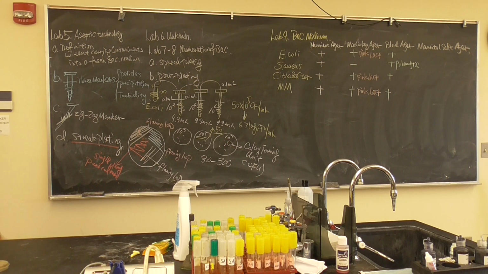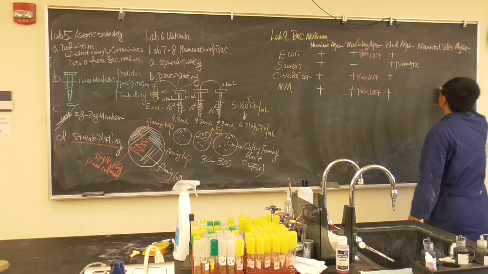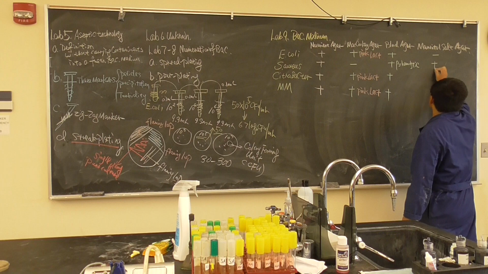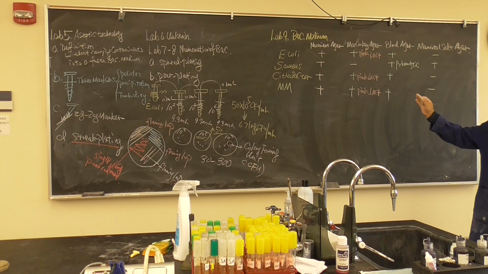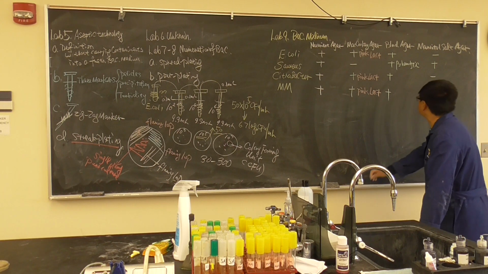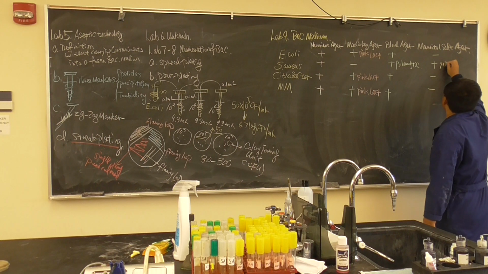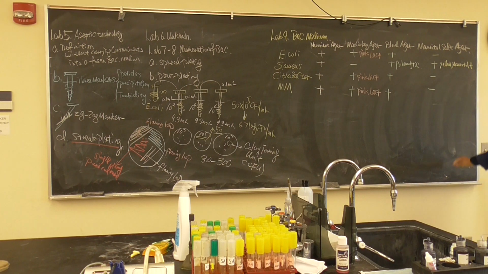If you have something growing, that means you got some contamination. It should be negative, positive, negative, negative. Did Citrobacter and MM grow? No. And Staphylococcus aureus, you could see it is a yellow colony, is that right? Why? Mannitol fermentation positive.